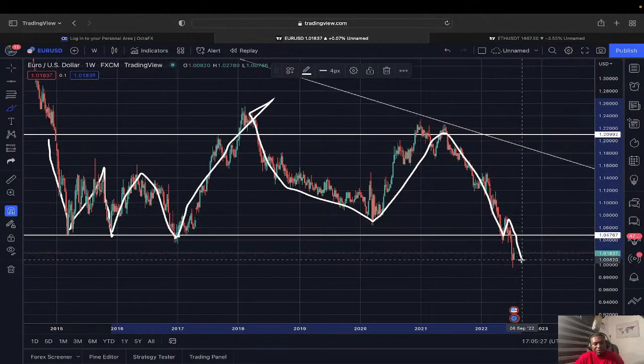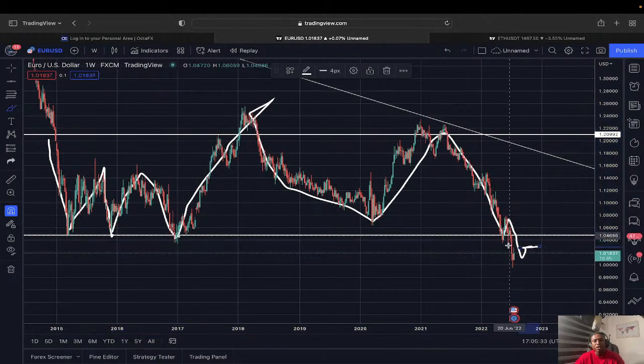Now there is a pullback. So what next from this level of pullback? That is what we want to look into, and then take advantage and take opportunity of that trade.